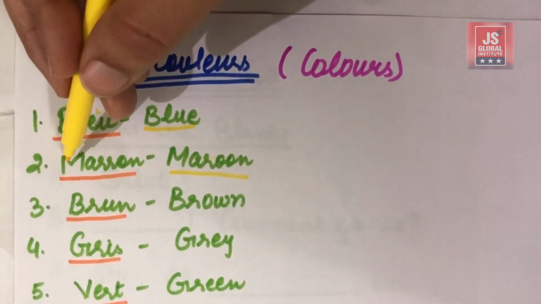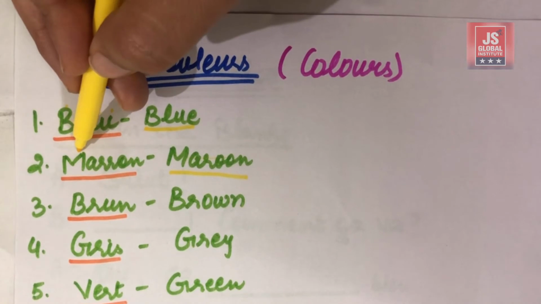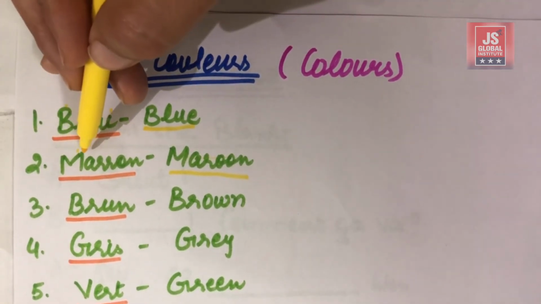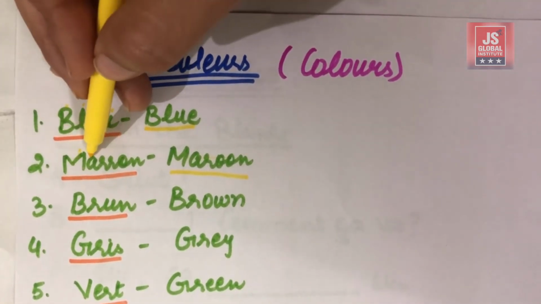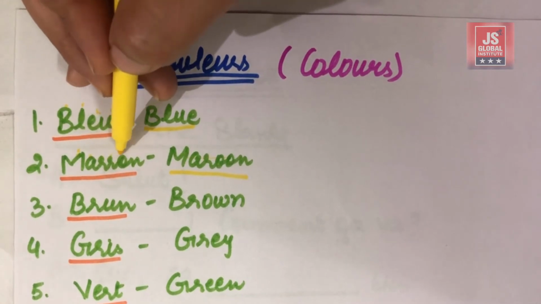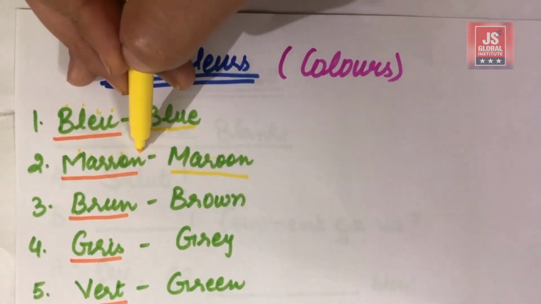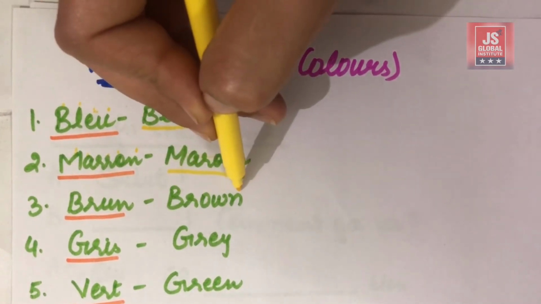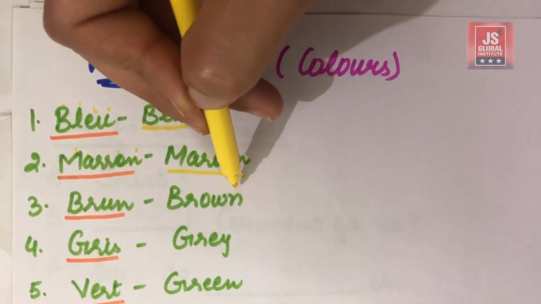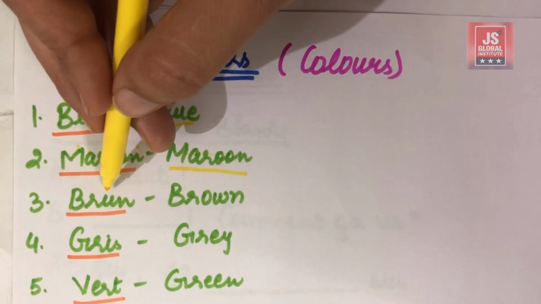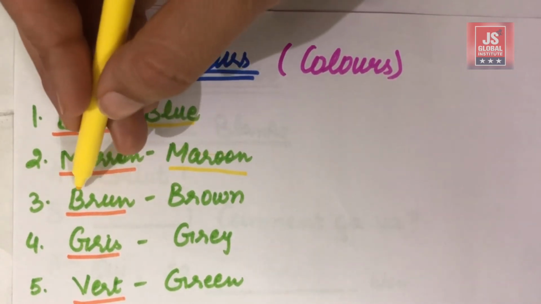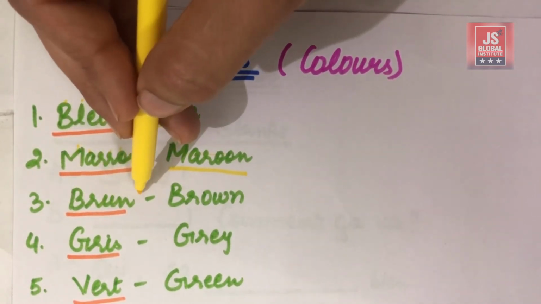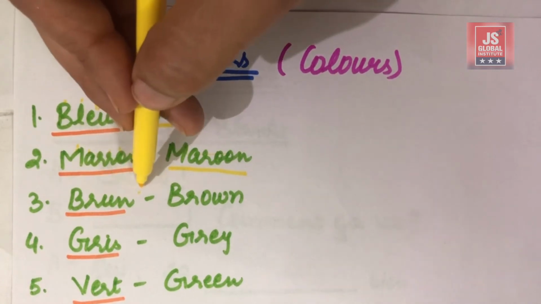Quel est l'orthographe pour ça? What are the spellings for this? M-A-R-R-O-N. Alright, marron. Brown. What is brown called in French? Brune. B-R-U-N. Brune. Alright.